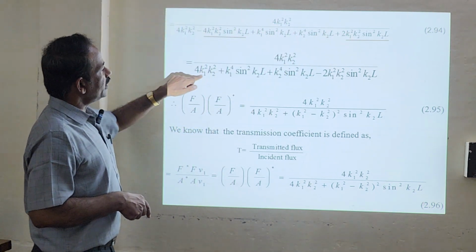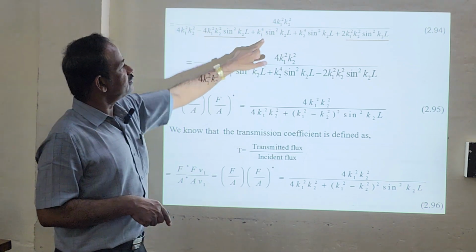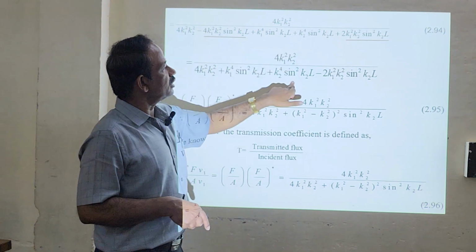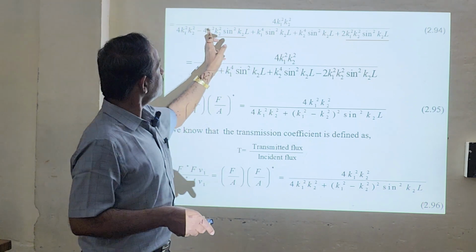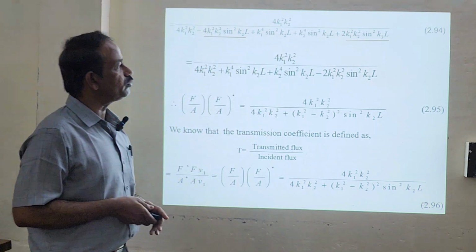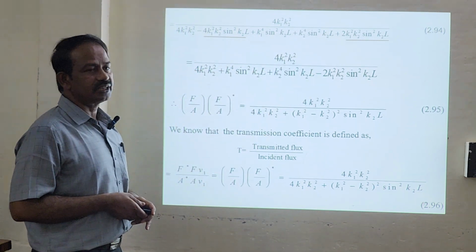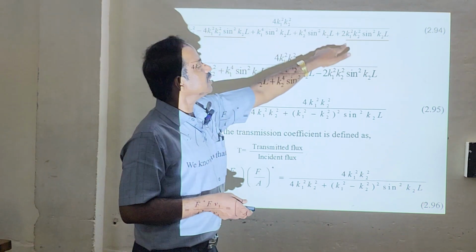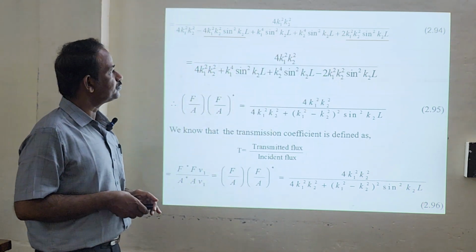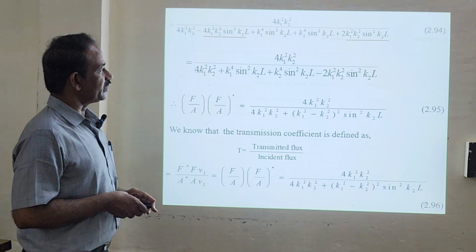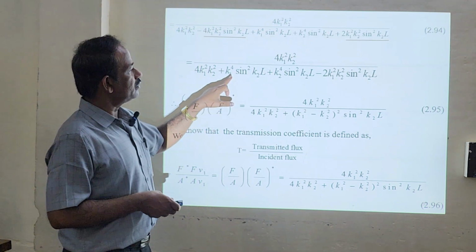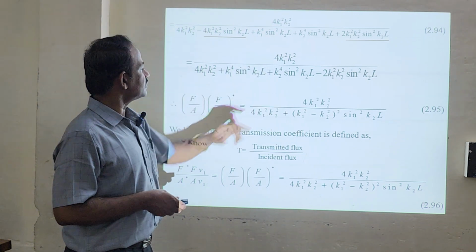Remaining are 4k1 square, k2 square, and this third term and fourth term here, and just to not cancel, this one will have minus 2k1 square, k2 square, sin square k2. You just subtract these two, that will give you this last term. So again we can simplify the denominator like this.